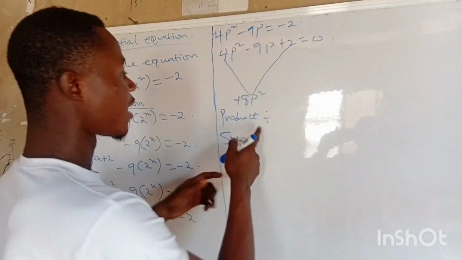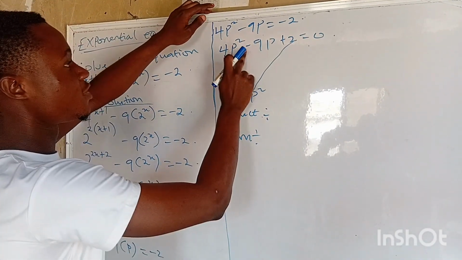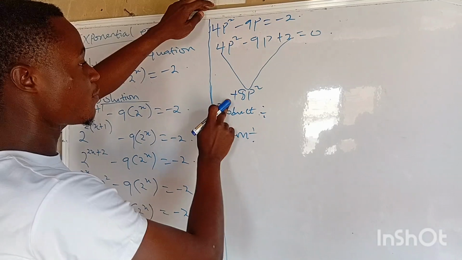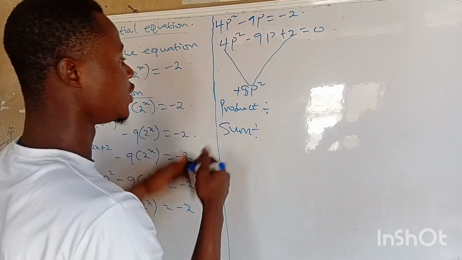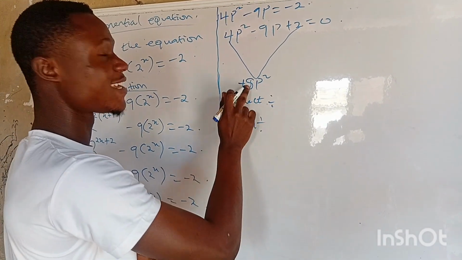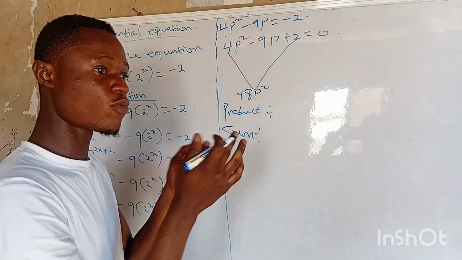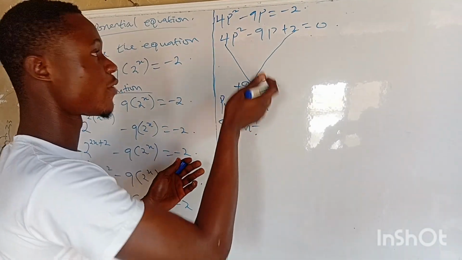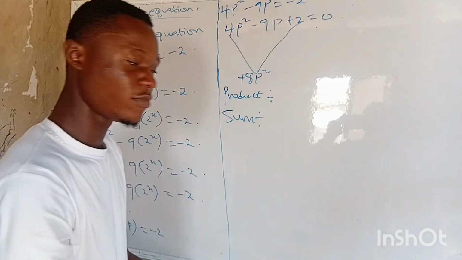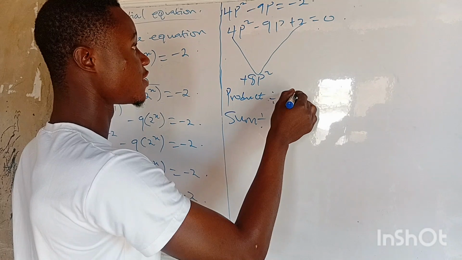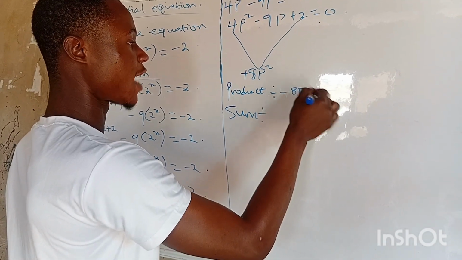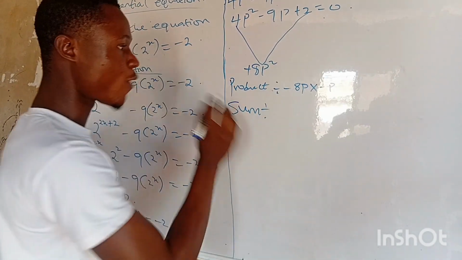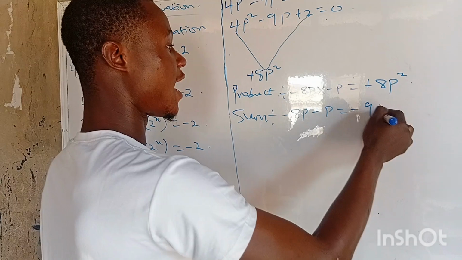Now let's look at this. Since you're having −9p here and you're having +8p², the sign will change. We are looking at 8 times 1 will give us 8, then 8 plus 1 will give us 9. So let's apply the sign, which is −8p and −p, because we are using −9p.